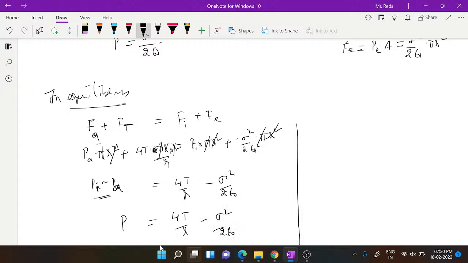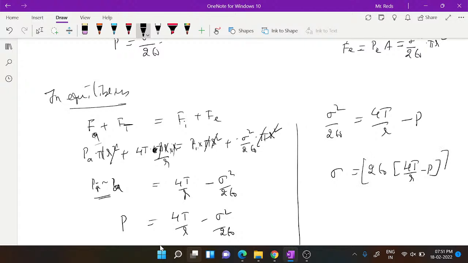But we want sigma. So let us bring this here, and we can write sigma square by 2 epsilon naught is equal to 4T by R minus P. So from this, sigma is equal to 2 epsilon naught into 4T by R minus P, whole power half. That is how we have to work it.